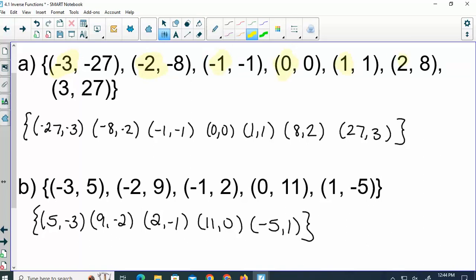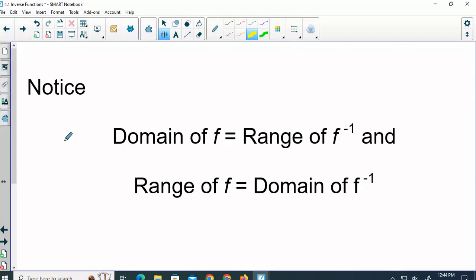What do those become in the inverse? The y's. So those become my range values. So when we find an inverse, the domain and range reverse one another. The domain of the original function is equal to the range of the inverse, and the range of the original becomes the domain in the inverse. That is going to be very useful for us.